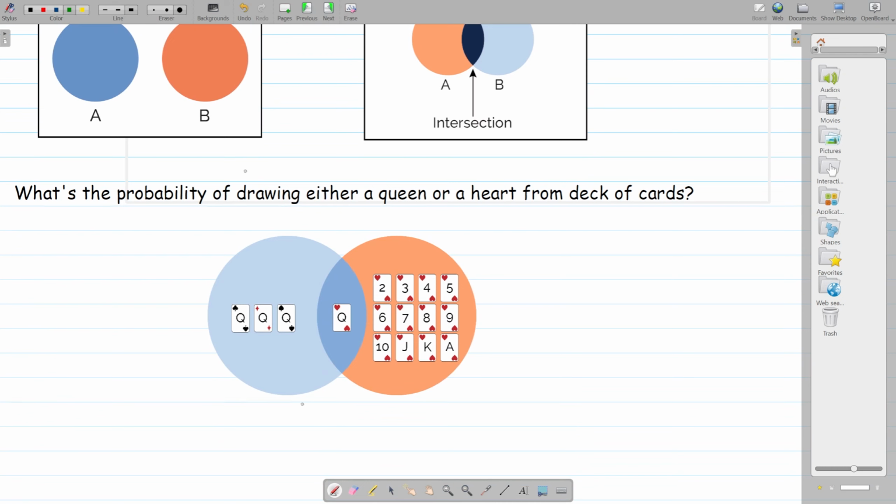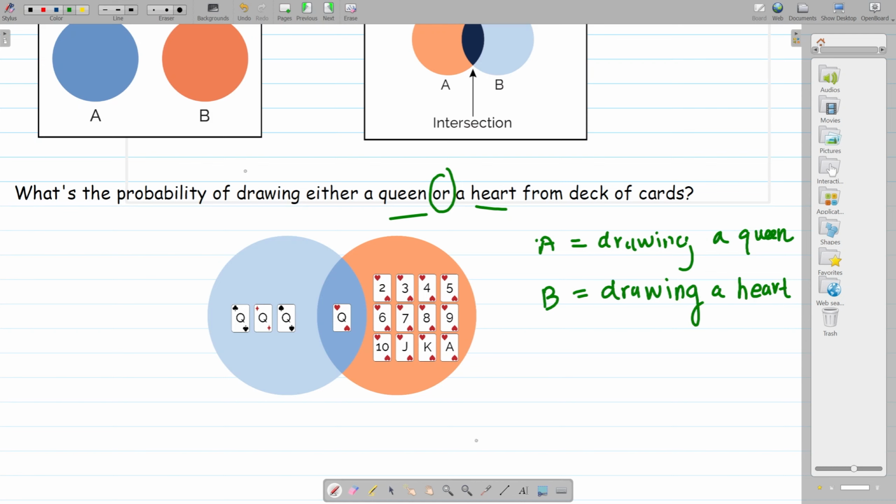What's the probability of drawing either a queen or, look at this word, or, a heart from a deck of cards? First, you should understand what the two events in this question are. Drawing either a queen or a heart. Now, let's consider event A as drawing a queen and event B as drawing a heart. First of all, what is the probability of A, drawing a queen?